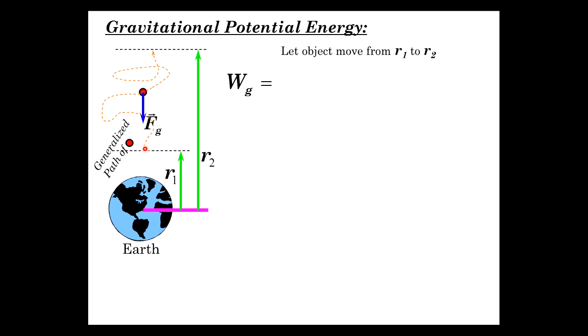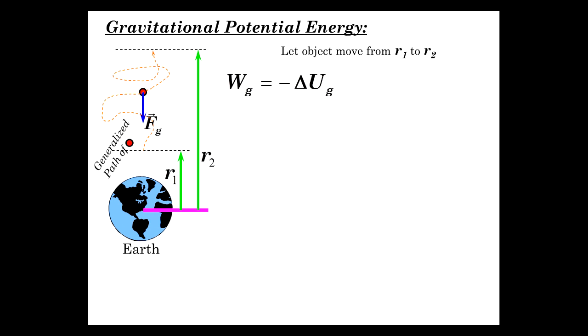So the work done by gravity, going from here to here, in whatever path, it's going to take an external agent, some effort. An external agent is going to have to do positive work to get it there, because gravity is working against it. So the work done by gravity is positive or negative? It's negative.